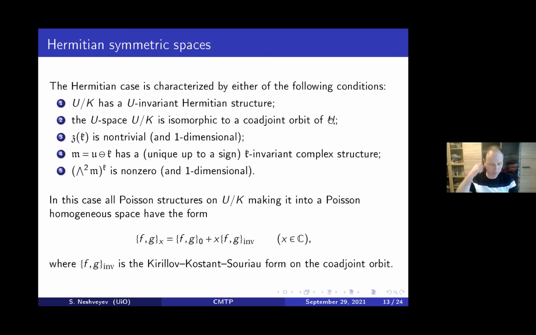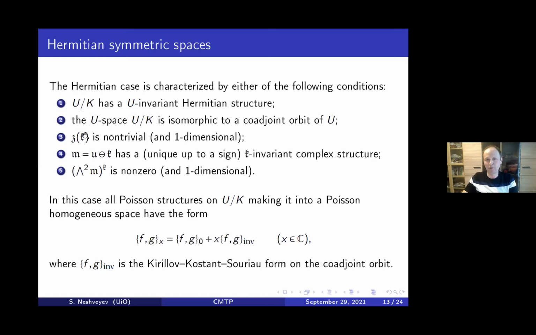So it's just the orbit of an element in the dual of the Lie algebra. At the Lie algebra level, one can say the following: the fixed points under our involution, this Lie algebra of K, is always a reductive Lie algebra, but it turns out that exactly in the Hermitian case, it's not semi-simple.